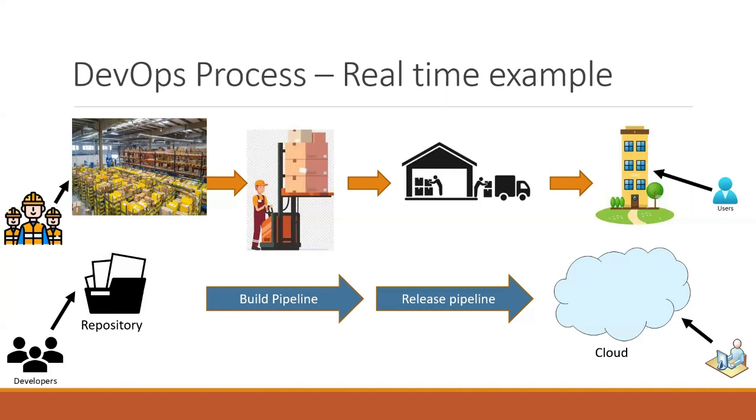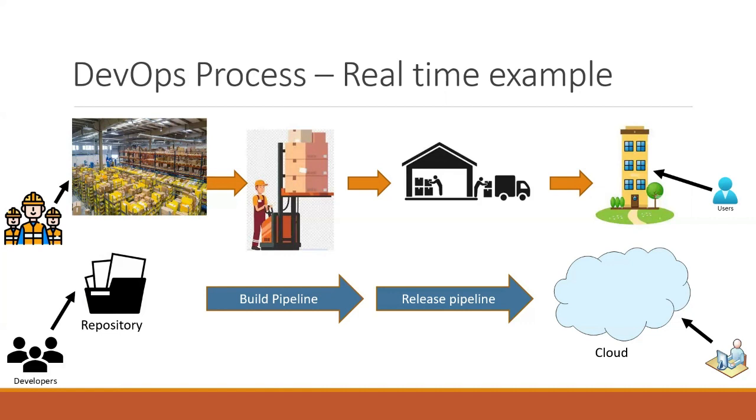Then the product has to move to the delivery center, or be delivered to the consumer. That is done by the release pipeline. One thing to note: if you order something from Amazon, Flipkart and so on, some fan or AC, they will deliver the components required for installation along with the product.